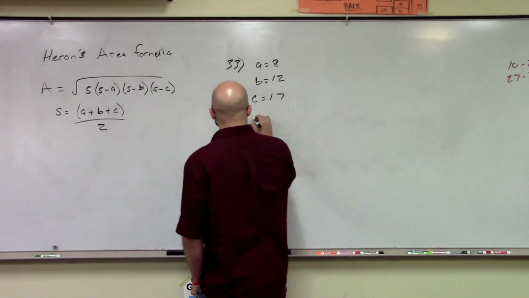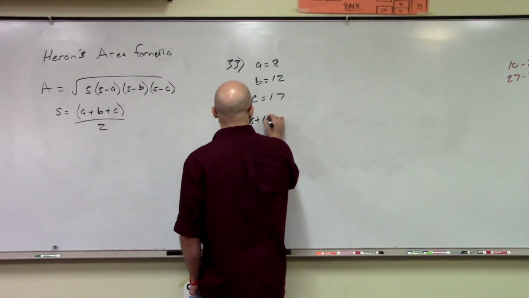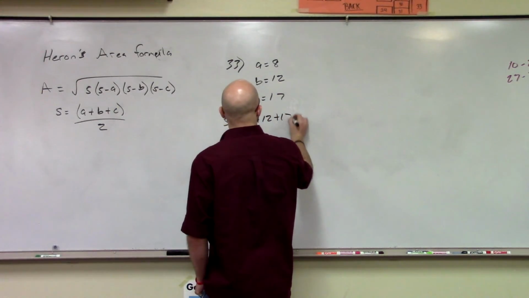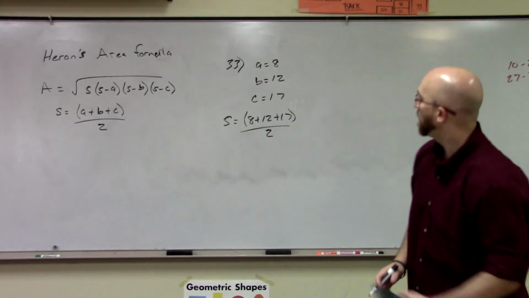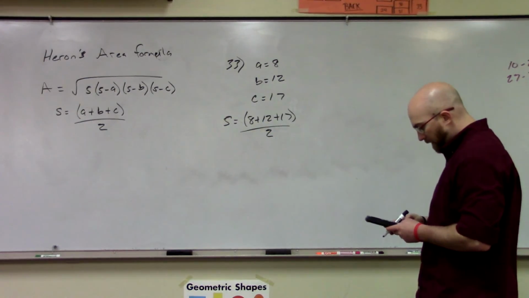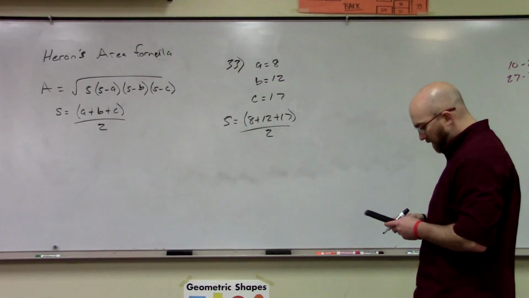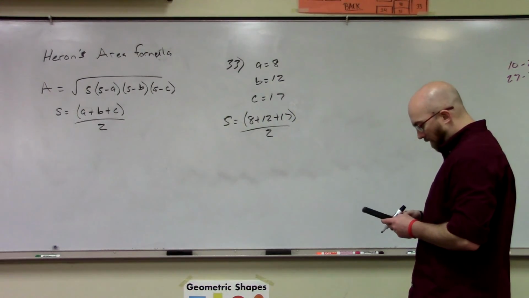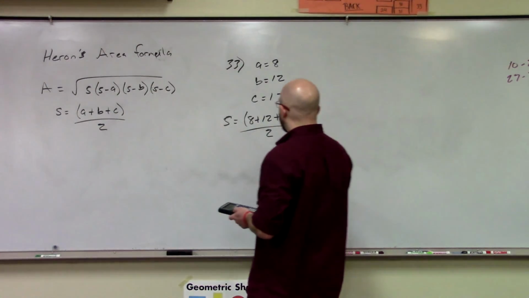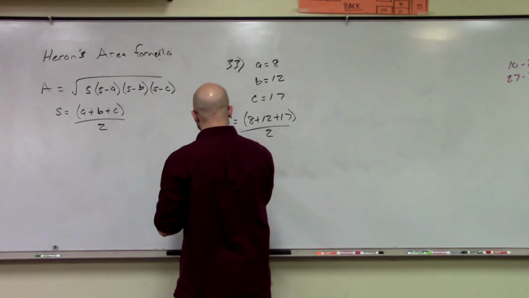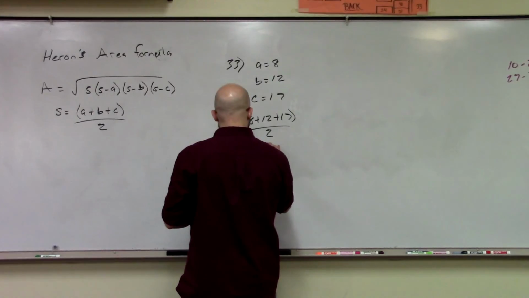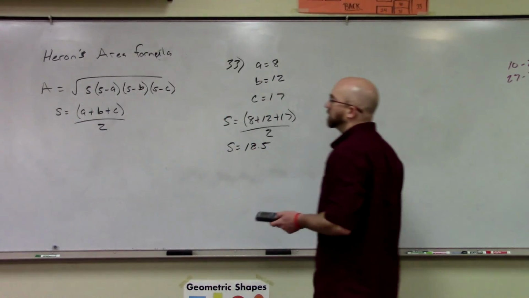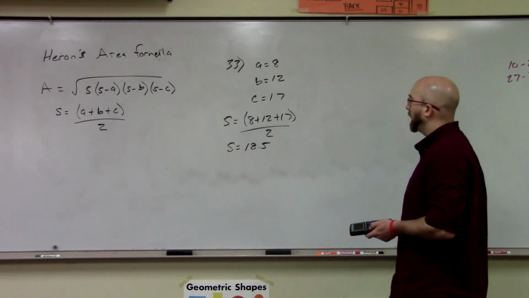So, 8 plus 12 plus 17, all divided by 2. Simple math is very bad. And we get s equals 18.5. Alright, so now let's find the area of it.